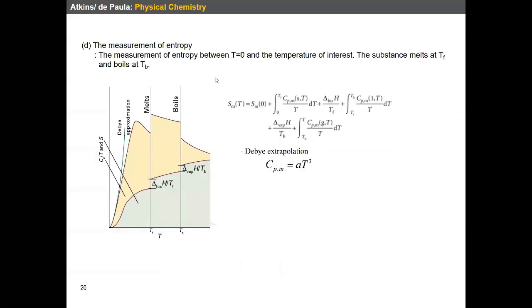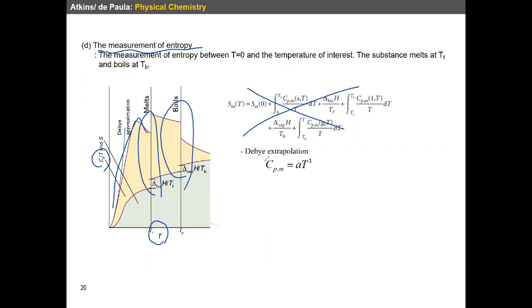Okay, so this is also one of the examples. I will not talk about these things in detail. There is only how you can measure this entropy, so I will just give you an explanation. We can calculate the heat capacity depending on the temperature, and there could be a transition.